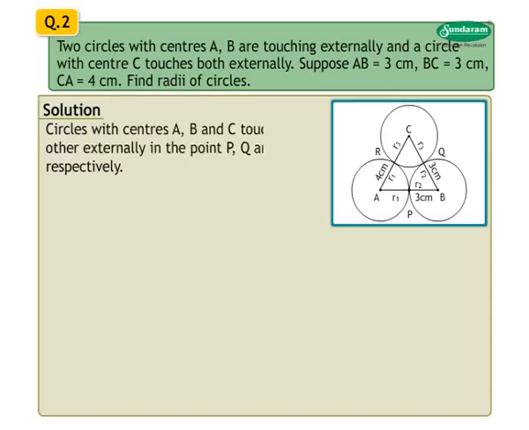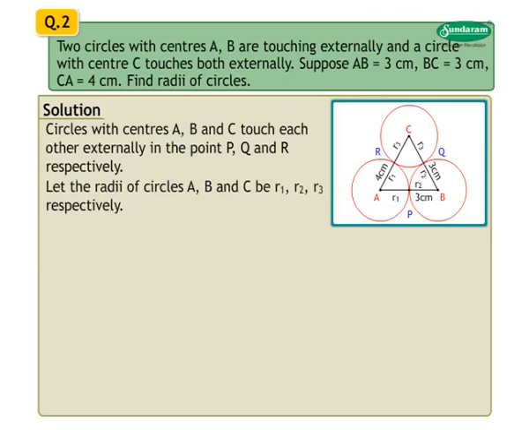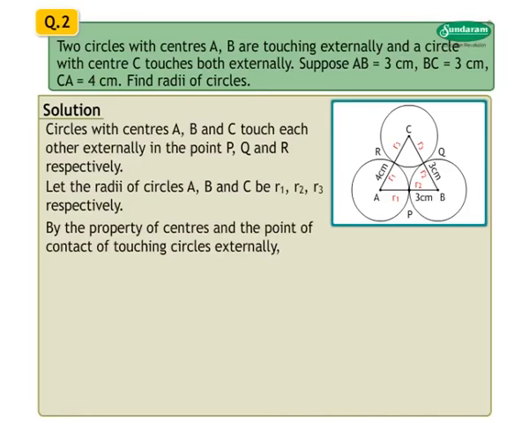Circles with centers A, B and C touch each other externally in the points P, Q and R respectively. Let the radii of circles A, B and C be R1, R2, R3 respectively. By the property of centers and the point of contact of touching circles externally, AB is equal to AP plus PB, since P is in between A and B, is equal to R1 plus R2.